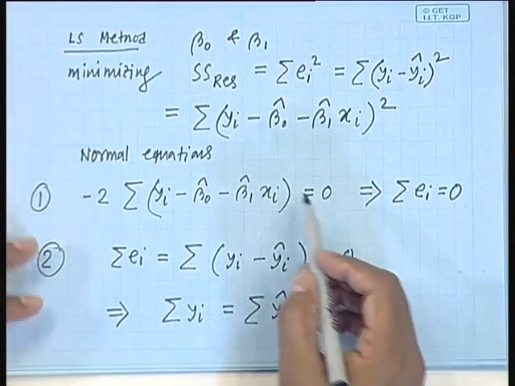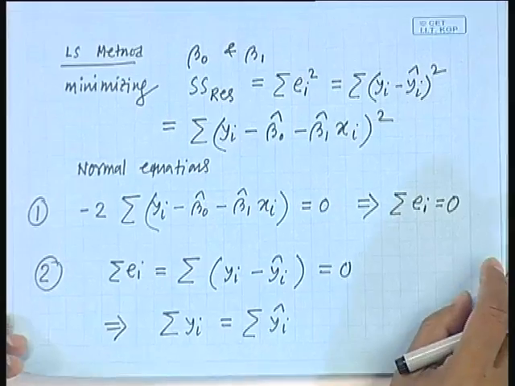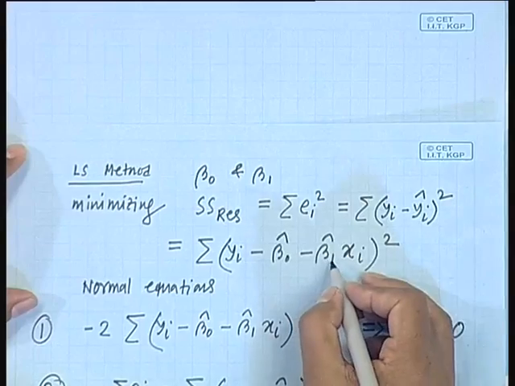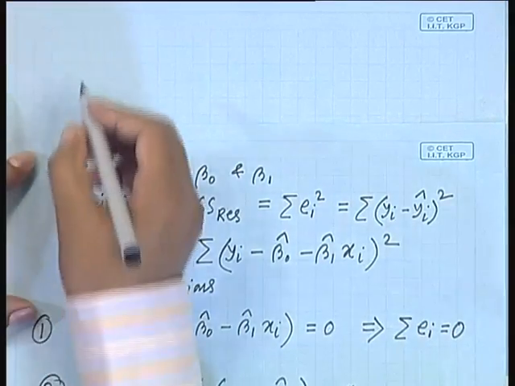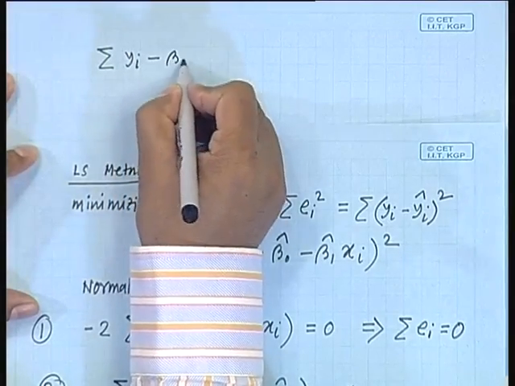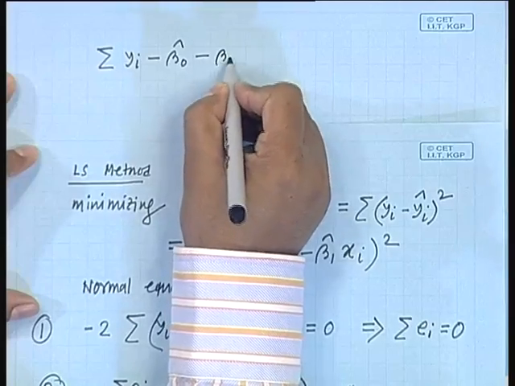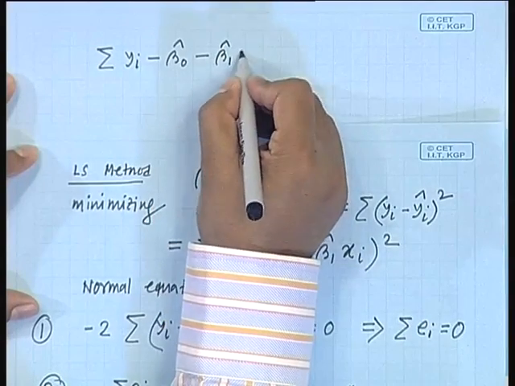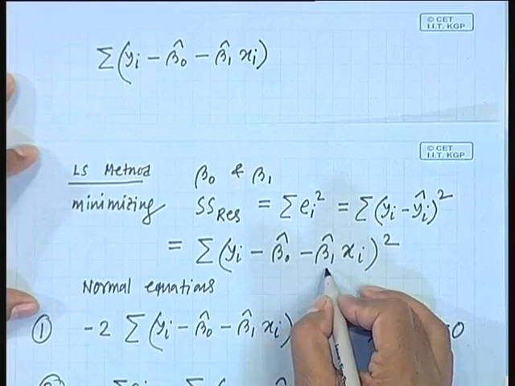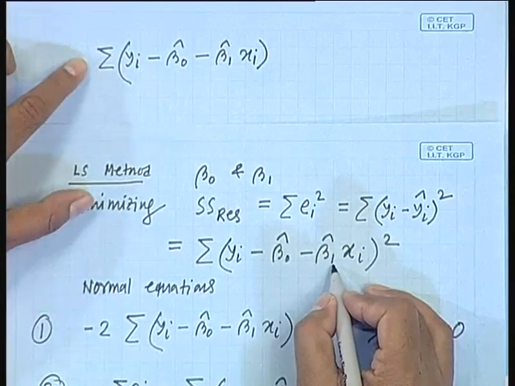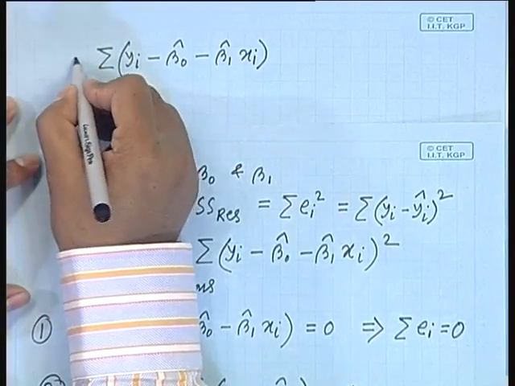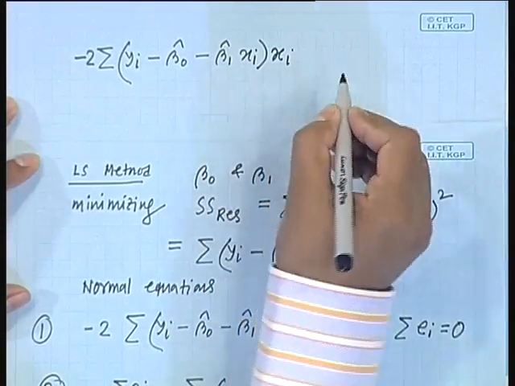Now, again we differentiate the sum of squares with respect to beta 1 hat, and that gives summation yi minus beta naught hat minus beta 1 hat xi, and we are differentiating with respect to beta 1 hat, so this quantity will be multiplied by minus 2 into xi, which is equal to 0.